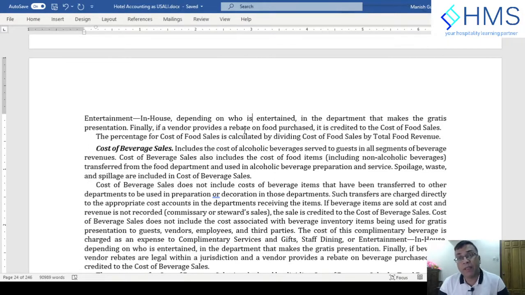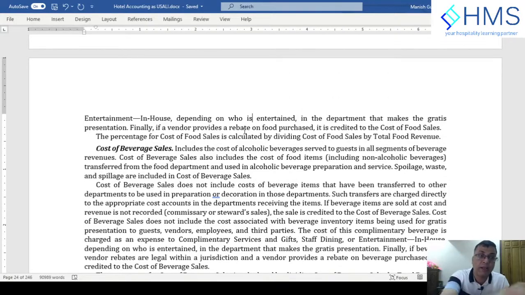But let's say in certain hotels, the cost of food and beverage is given free of cost as a guest recovery, for example a mistake by the spa. It's not that you're going to charge the cost of that complimentary food to the spa department, but actually it will be treated as the cost of food sales, and then you will recognize the revenue, but also give it as an allowance.